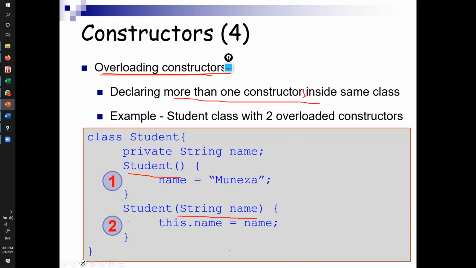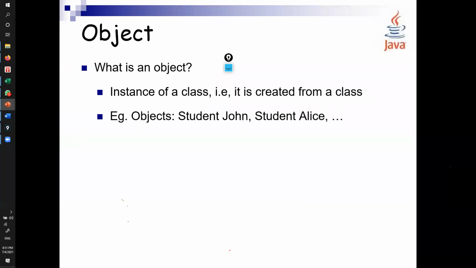You can have another constructor with maybe two parameters. So the concept of method overloading is similar to the concept of constructor overloading. You have more than one constructor inside the same class. We'll come to this when we do some more examples.